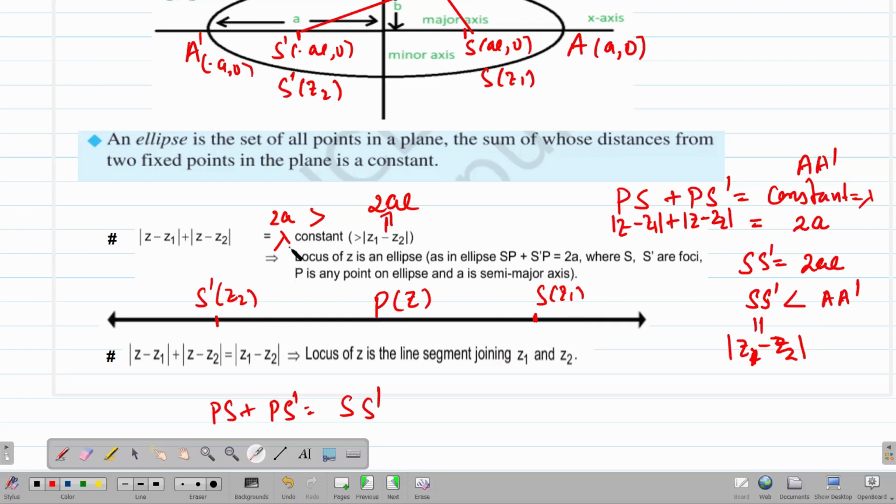So if lambda is greater than mod of z1 minus z2, then the locus is an ellipse. But if it is equal to mod of z1 minus z2, then the locus of z is a line segment joining the points z1 and z2, where z is in between z1 and z2. So this is the definition of an ellipse.